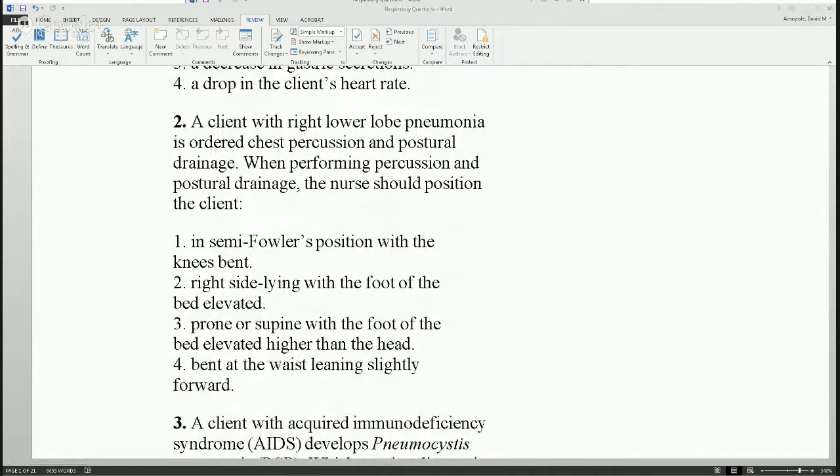A client with right lower lobe pneumonia has ordered chest percussion and postural drainage. Performing percussion and drainage, the nurse should position the client. Is it 1? It is not 1.